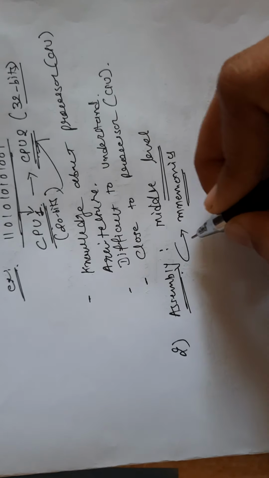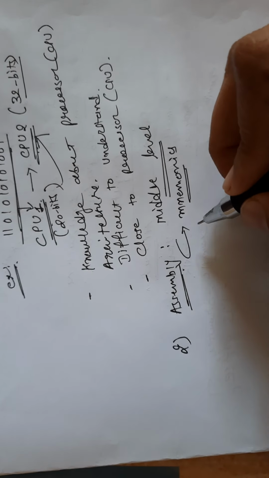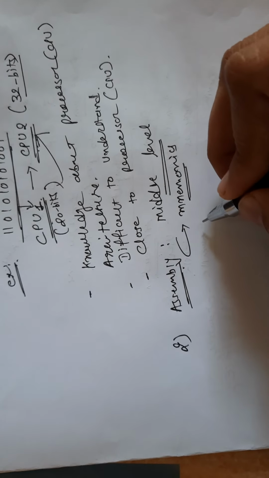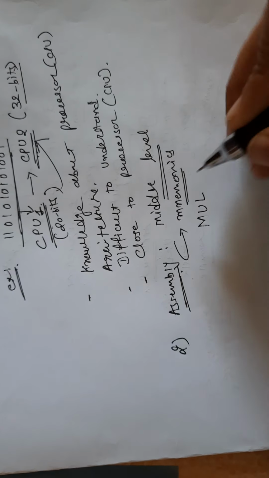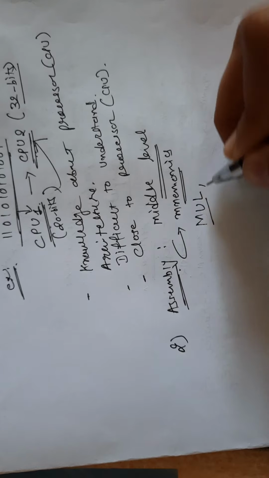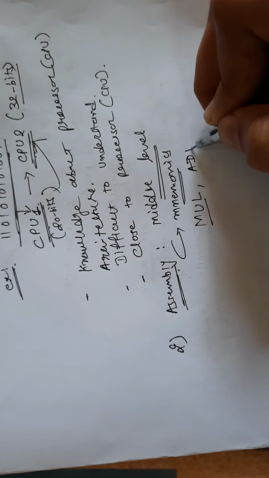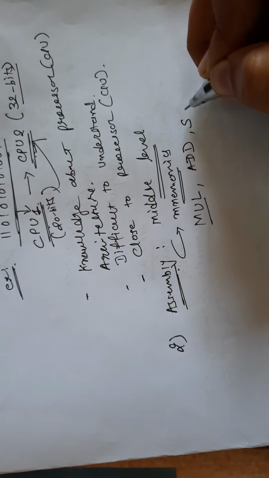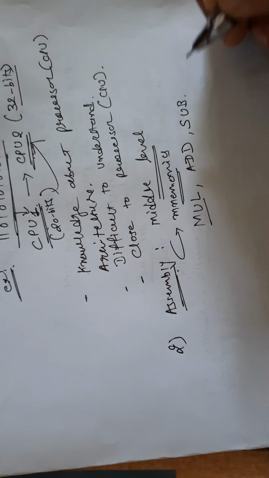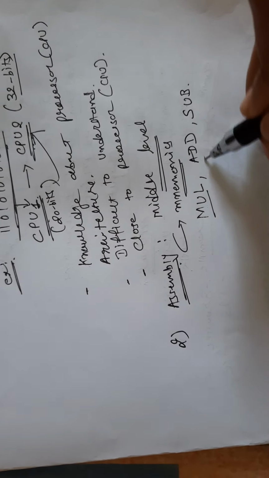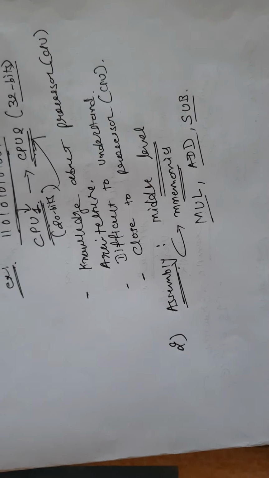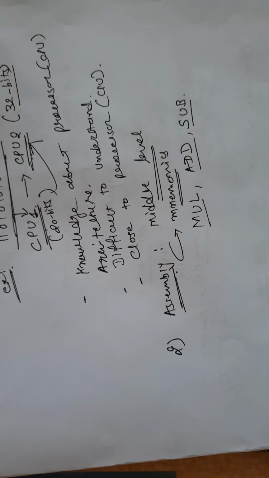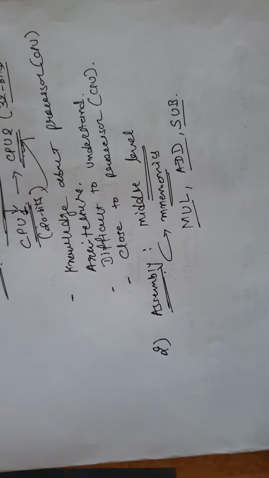For example, if you want to multiply these two numbers, MUL is the mnemonic that you can use. If you want to add these two numbers, then you can use ADD. If you want to subtract numbers, then you can use SUB. This kind of programming you can learn in the microcontroller or microprocessor subject. Here we will not go into such detail.